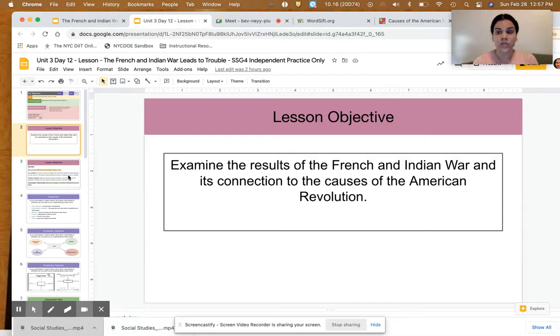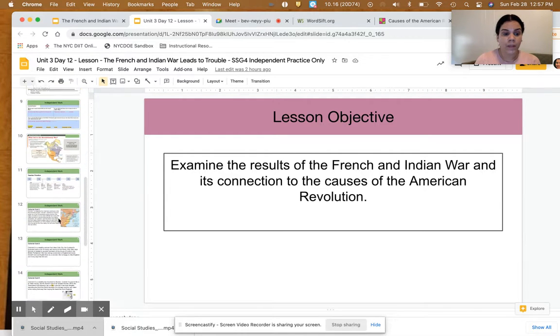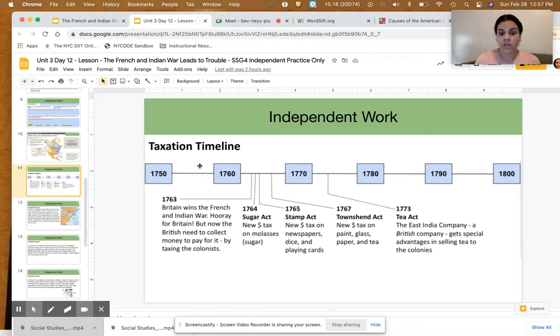All right, friends, so we are here today to think about what are the events that caused the colonists to want to go to war with Great Britain. And in our introduction of the lesson, we saw this taxation timeline and learned that because Britain and France went to war, they were in major debt.